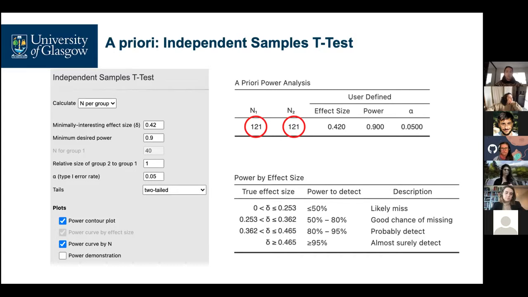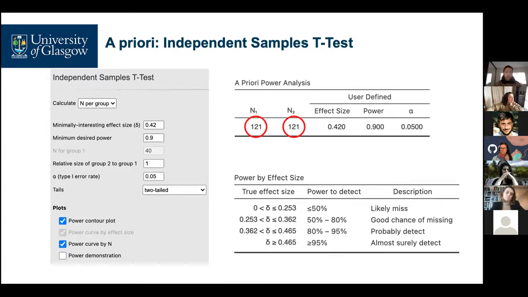For minimally interesting effect size, we've set it to d equals 0.42, which, as mentioned, is the medium effect size Zuck and Ioannidis found in cognitive neuroscience. For minimum desired power, we're aiming for 90%. Personally, I think 80% is a little bit low. 95% would be nice, but sometimes it can take too many participants. So for me, 90% is a happy medium in between.